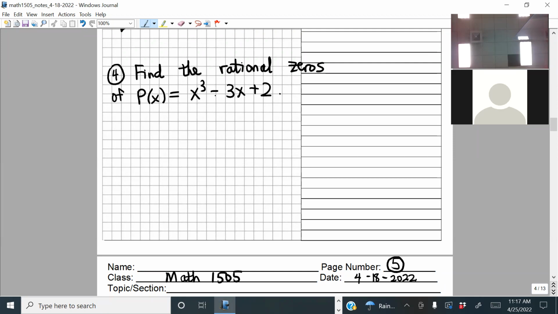And once you've got it down to degree 2, then you're in good shape, because you can always find the remaining x-intercepts, if you cannot factor, by doing what? For degree 2, you can always use the quadratic formula.